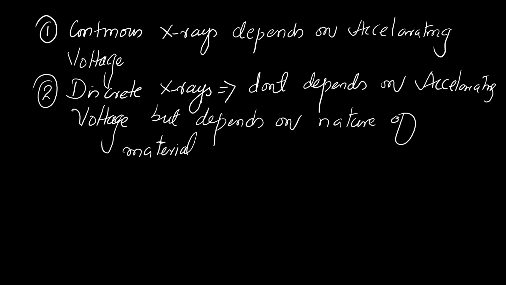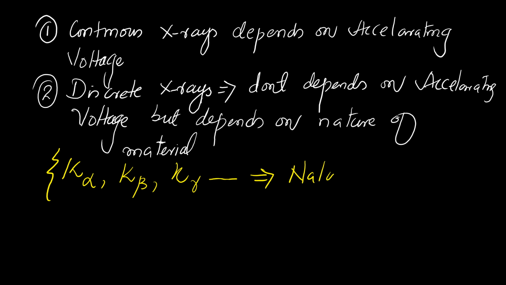Which means that K alpha, K beta, K gamma, etc., the characteristic X-rays, will basically shift or change their position if the nature or type of material changes.